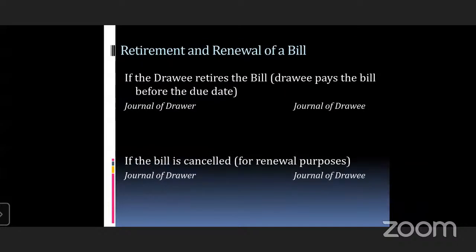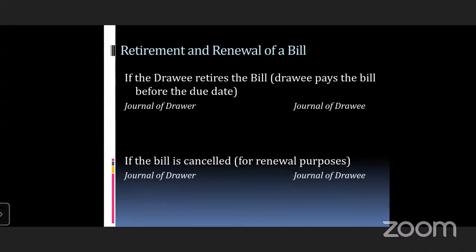Now, let us see the retirement and renewal of a bill. Understood? So sometimes the drawee retires the bill. That means the drawee pays the bill before the due date. This is known as retirement of the bill.